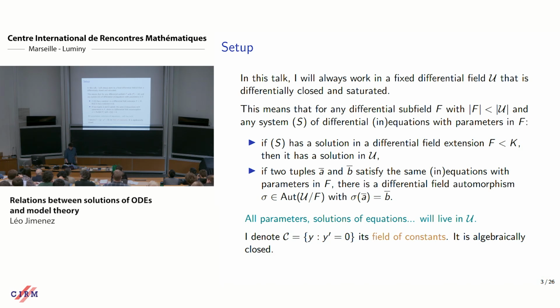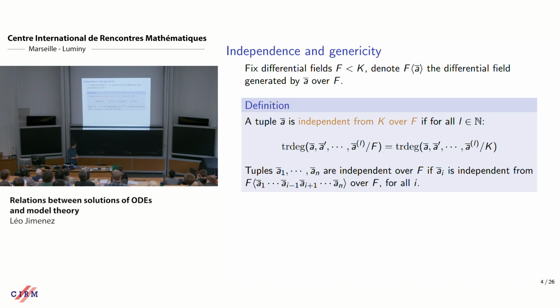All right, so now I want to define a little bit more what I was talking about on the first slide. I have to talk about independence and genericity. Let's look at two differential fields, F and K, again in my big field.